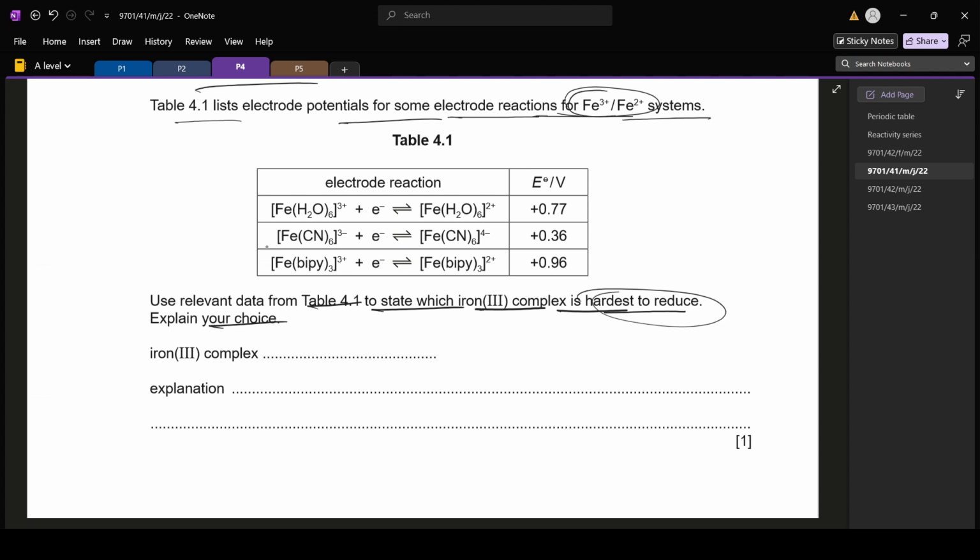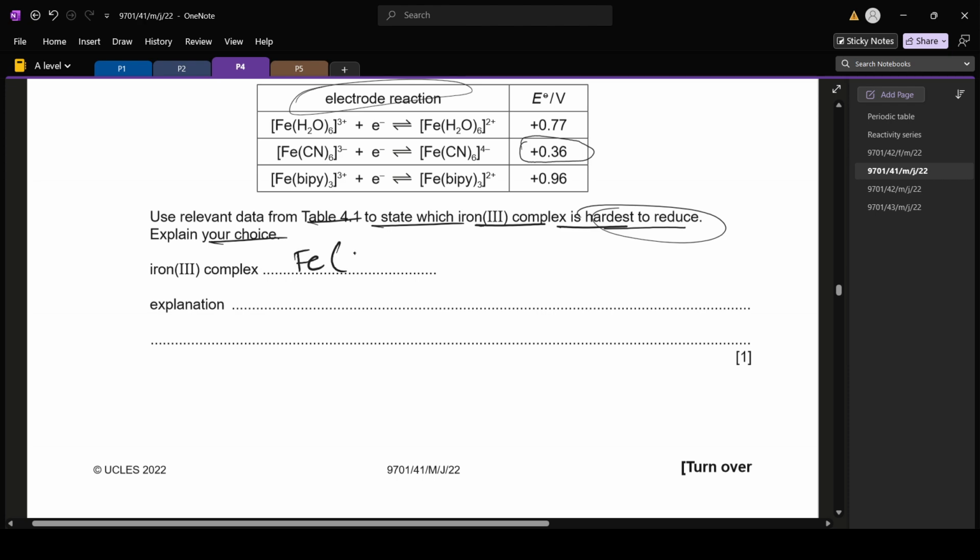So I told you earlier that in electrode reactions you are given reduction potentials. Okay, so the one with the lower reduction potential is hardest to reduce. So here you can see that this complex has a lower reduction potential. Okay, so this is going to be a complex which is hardest to reduce.